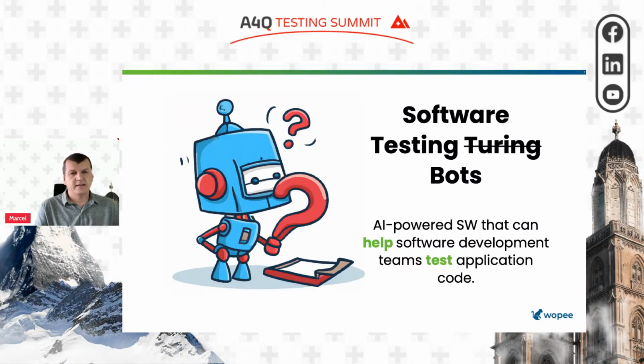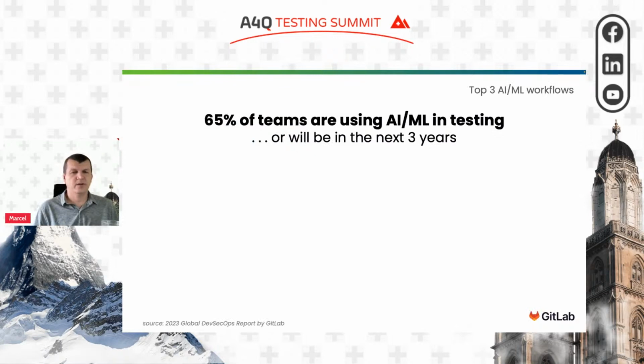And I just want to prove that this is not just the crazy idea of Marcel, but an idea other people also talk about or think about. And I will return to another report. This is actually the same report I mentioned at the beginning. And GitLab asked their users whether they are using or planning to use some AI and machine learning in testing.